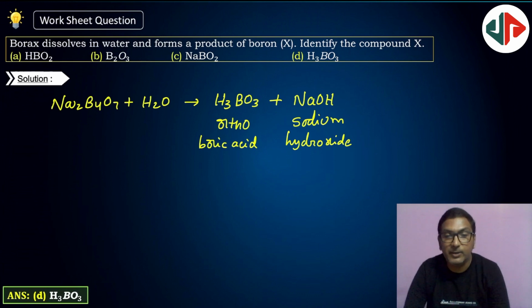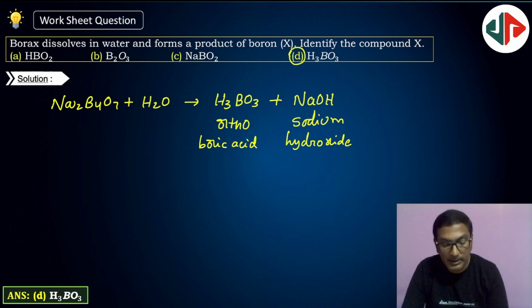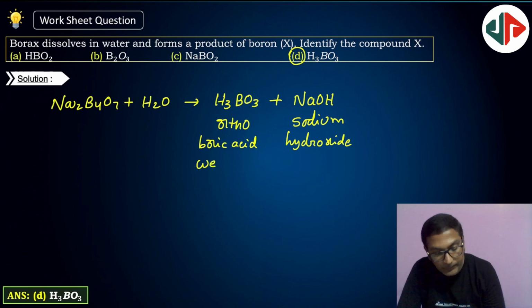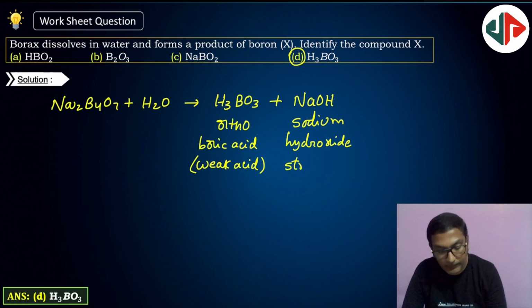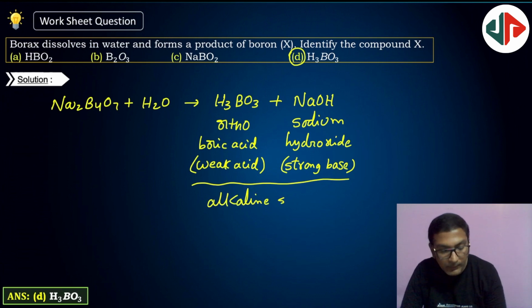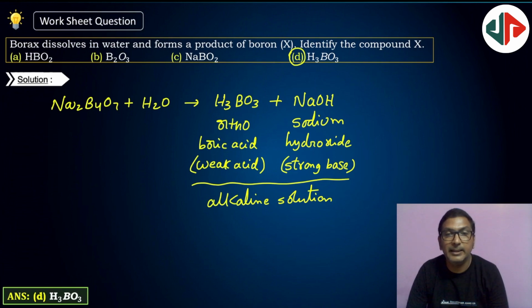So which will be formed? H3BO3 is there in options. Therefore option D. So this solution becomes this weak acid and it is strong base. Therefore solution will be alkaline. It can form alkaline solution due to strong basic nature of NaOH. So option D, H3BO3 weak acid.